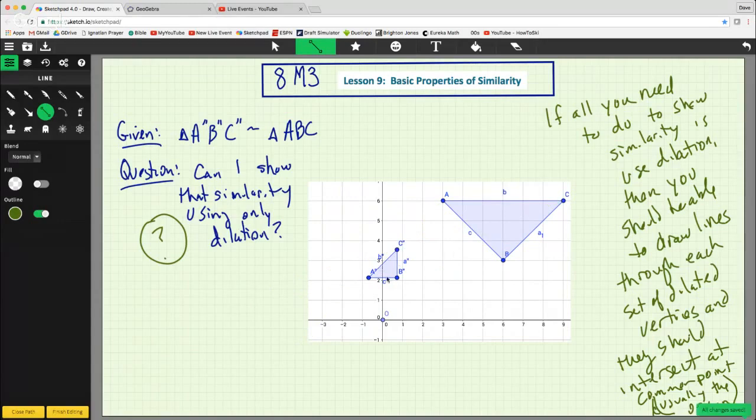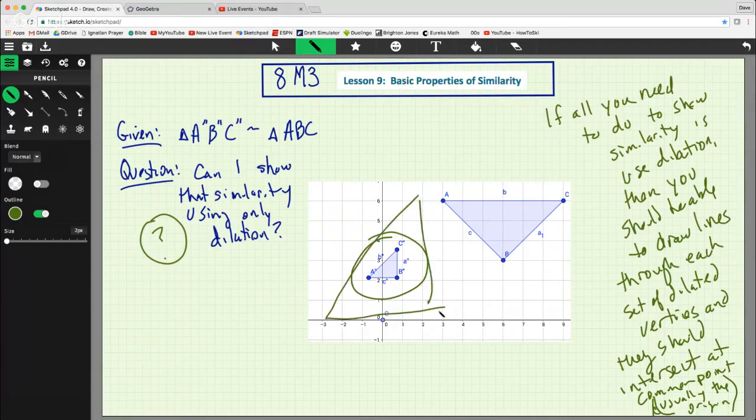And that kind of makes sense. If I just make this small triangle bigger, I'm going to end up with a triangle that looks like this, and it's not going to be in the same orientation as this other one. So the answer is no. I'm not going to be able to do it.